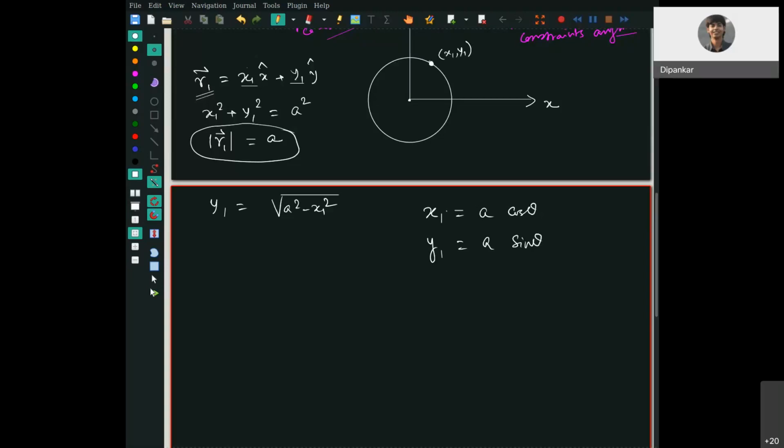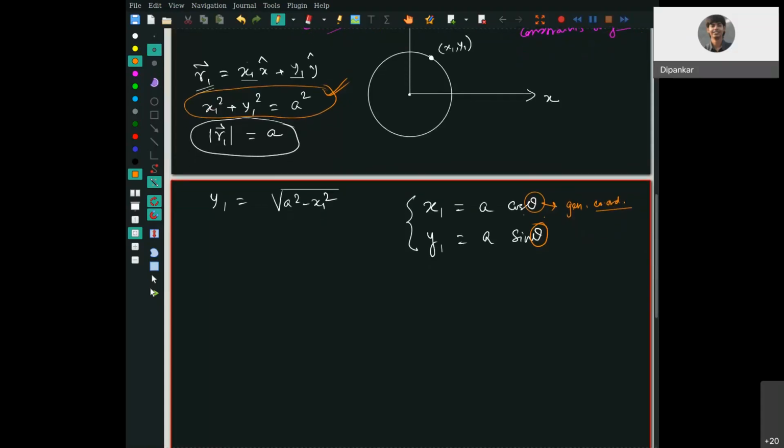By this definition, the constraint equation is automatically satisfied, and on the right hand side I have only one independent parameter, that is theta. So I will call this theta my generalized coordinate, and then proceed further.